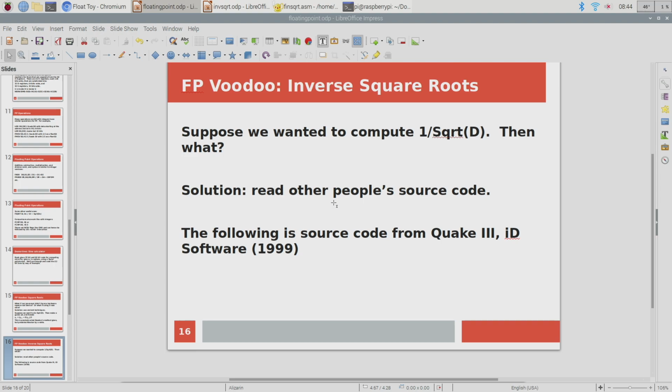From a speed perspective, why might doing the square root and then 1 divided by it not be a good move? Yeah, and in particular, what happens if you don't have a hardware square root or a hardware division capability? You have to do this in software. It's going to be slow.